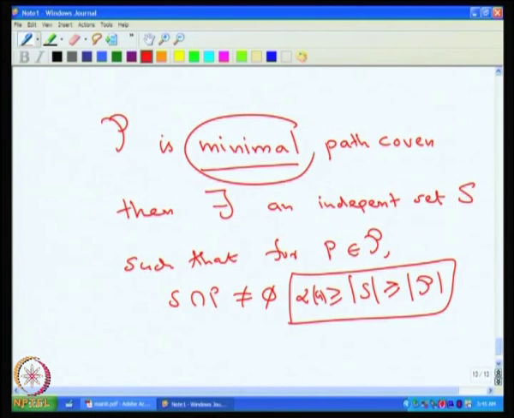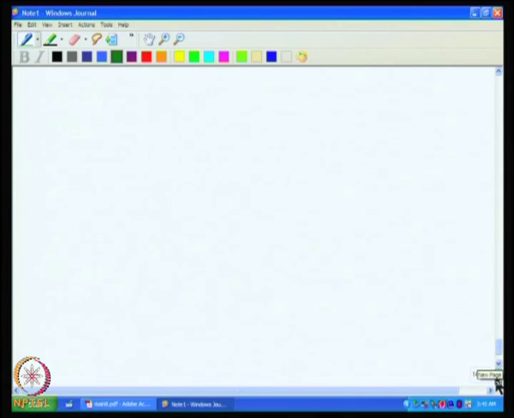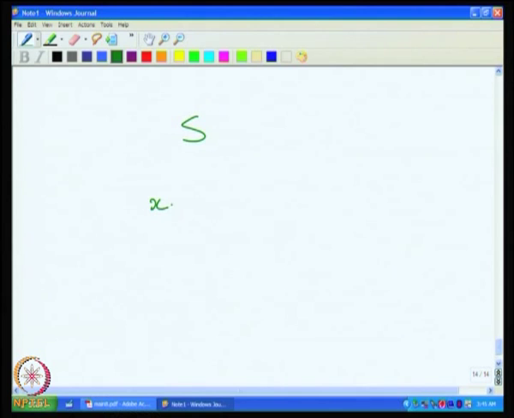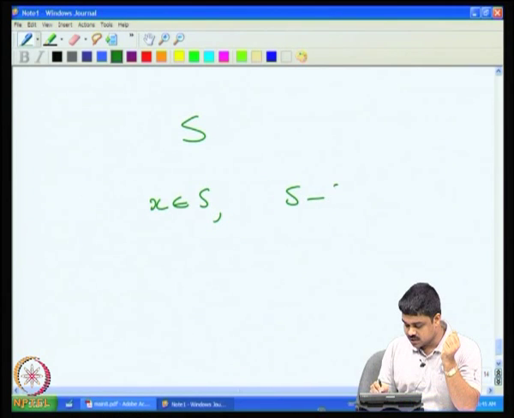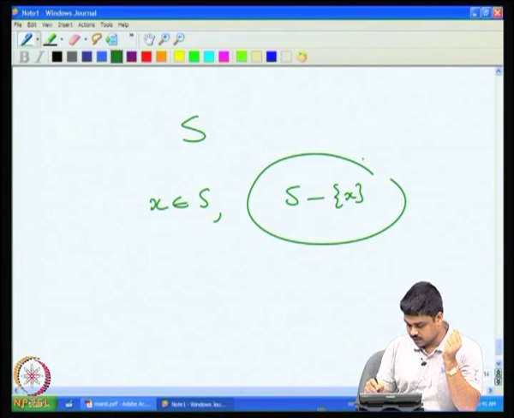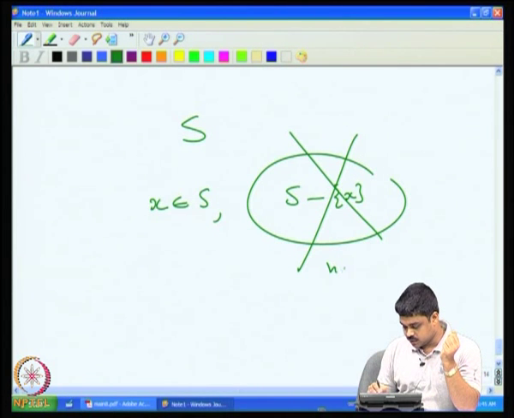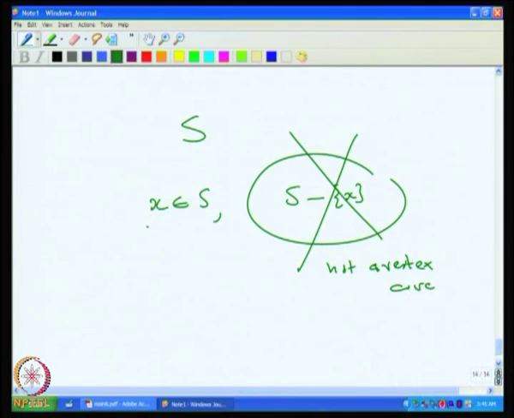But then what is this minimal path cover? We have seen other instances where we use the words minimal and maximal. For instance, we talked of a minimal vertex cover. So what was the minimal vertex cover? It is a vertex cover S such that if you drop any vertex from S, say you take an x element of S and consider S minus x, this will not be a vertex cover, irrespective of which x you take.